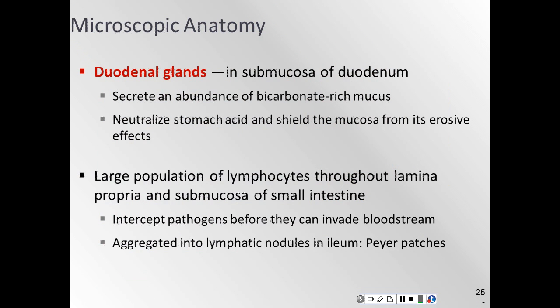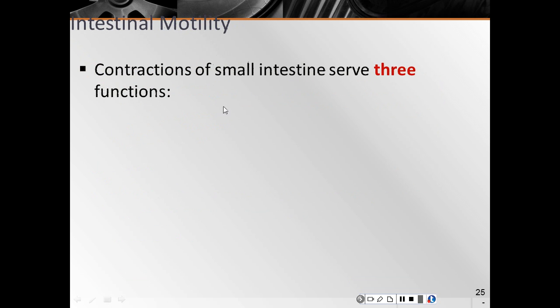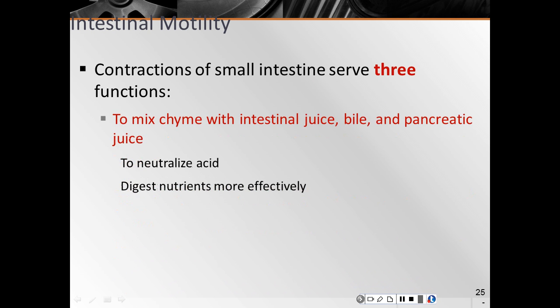Let's move on because I know it's a lot of information. Let's look at the 3 contraction functions of the small intestine. They are to mix chyme with the intestinal juice, bile, and the pancreatic juice, and thus to neutralize the acid as well as digest nutrients more effectively.